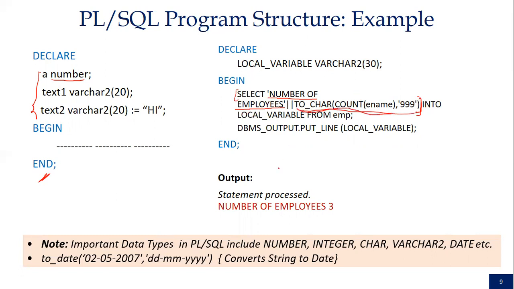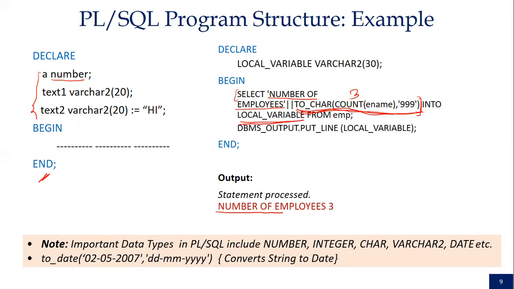So the message will be displayed at the output like number of employees; this will be exactly displayed. And to count the ename, if there are three rows in the employee table along with the ename attribute, so three employees are there, we are assuming, then three values will be returned by this whole thing, right? Then we are storing the whole thing into the local variable.